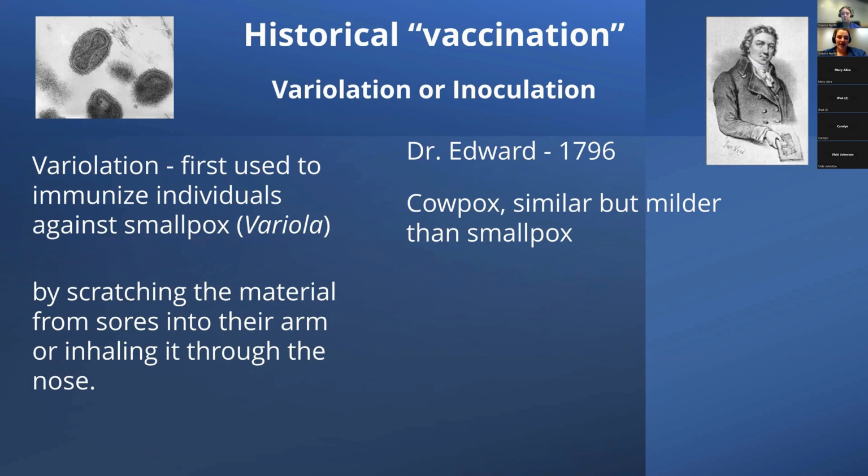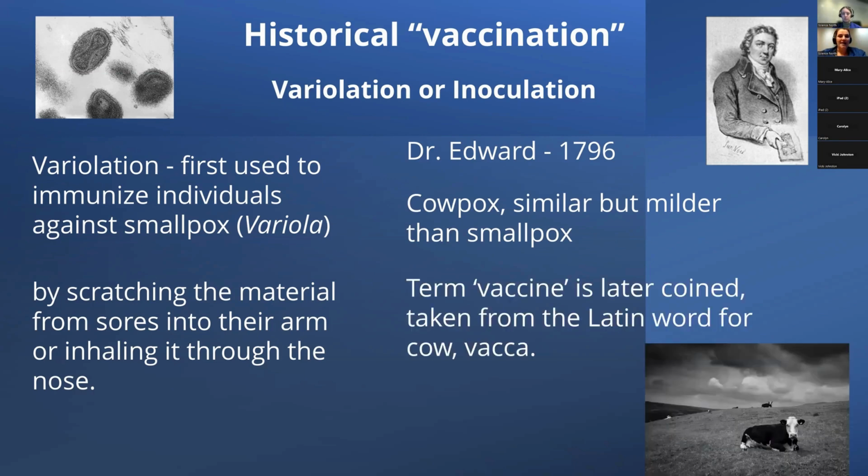And this is where the term vaccine kind of came from, because essentially he would take the cowpox virus and do the same concept by scratching the sores of someone who has cowpox into a healthy person, and they would then produce an immune response to the cowpox, which protected them against smallpox, because they were similar enough that the body's immune response fought off both types.